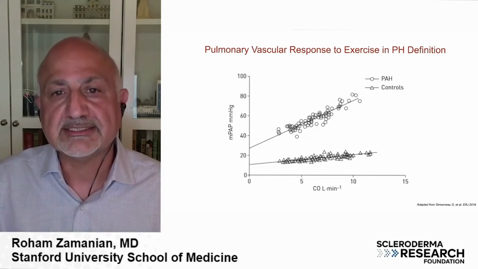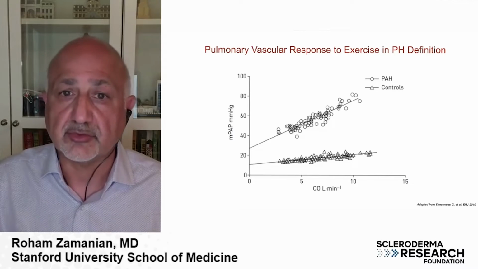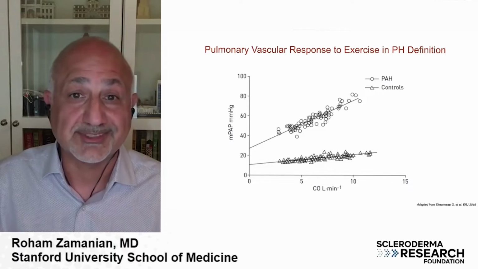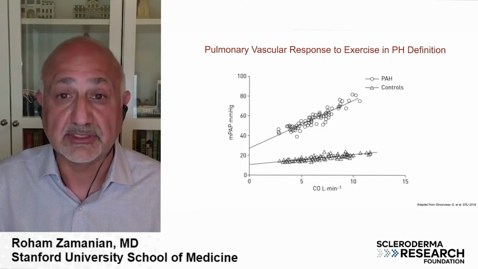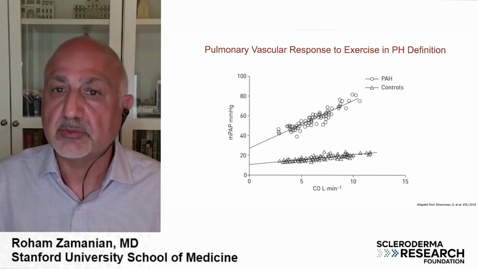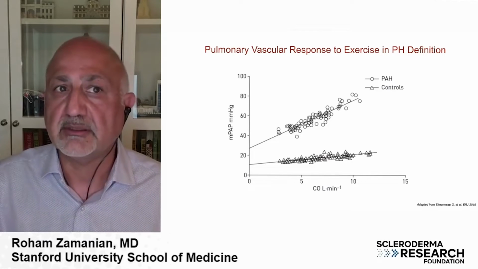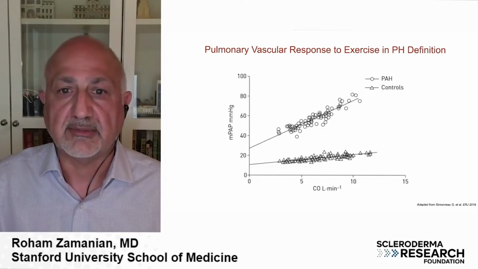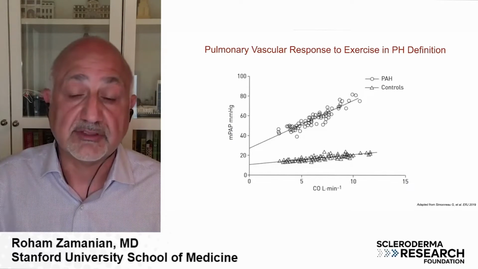What is recognized now is that it is possible that pressures at rest are normal, but when a patient is walking or exerting themselves, when they really have symptoms, those pressures could be abnormal.